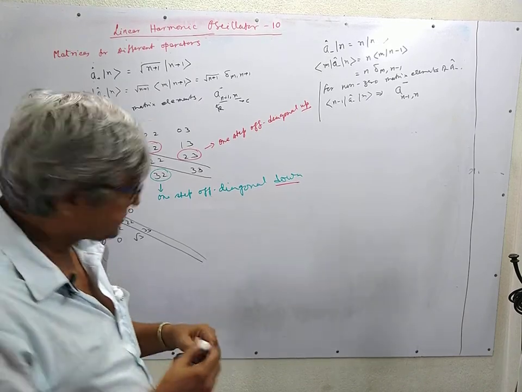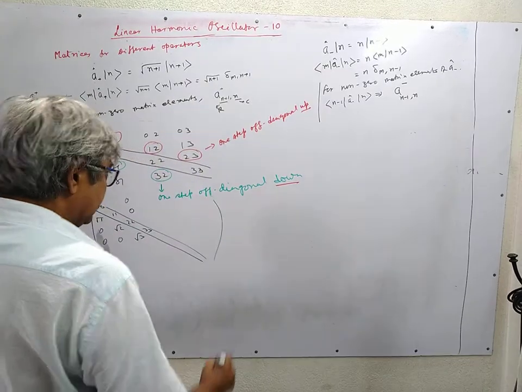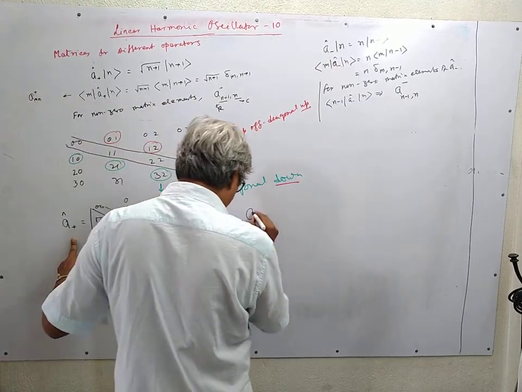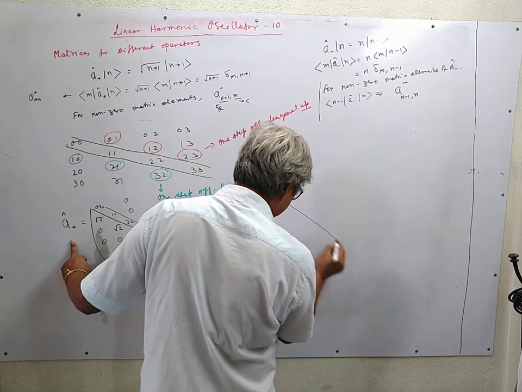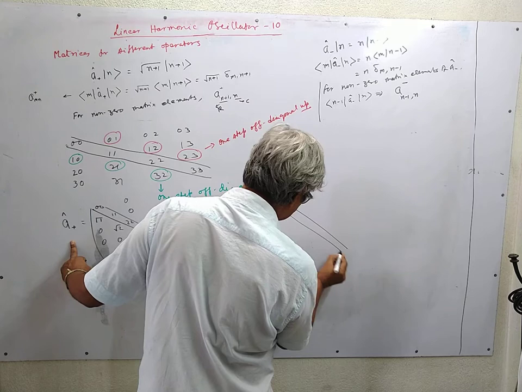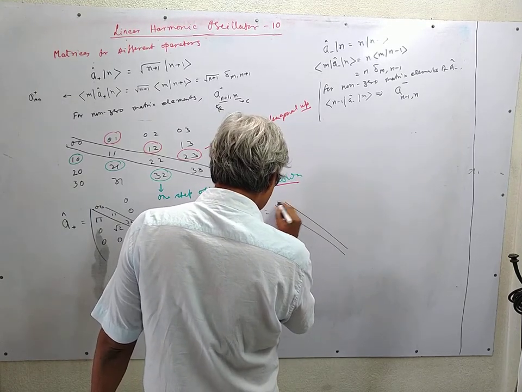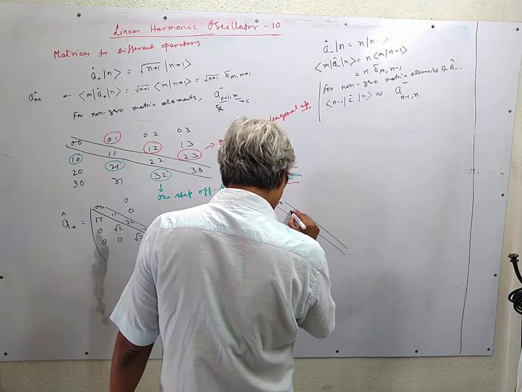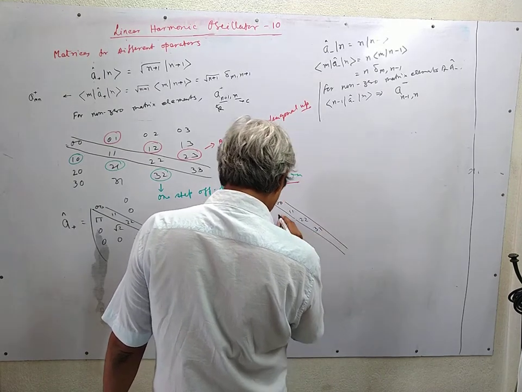So this is the matrix for A plus. Similarly, the matrix for A minus is: this is 0, 0, then 1, 1, then 2, 2, then 3, 3.